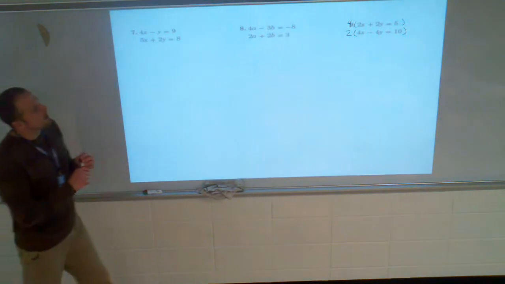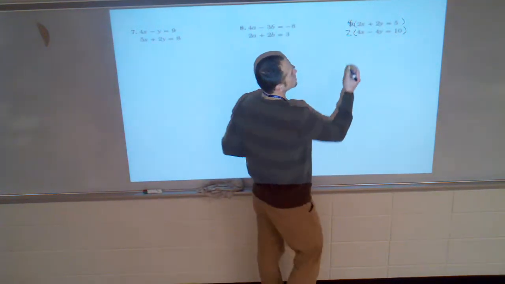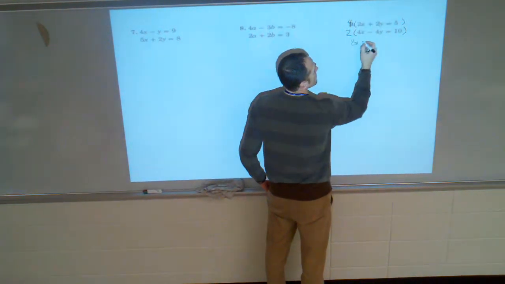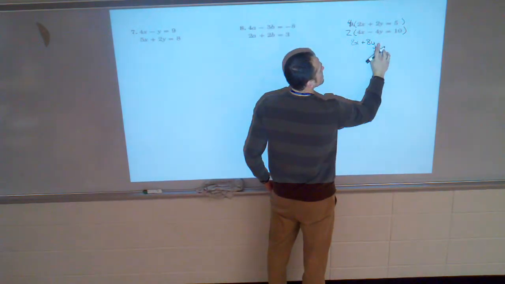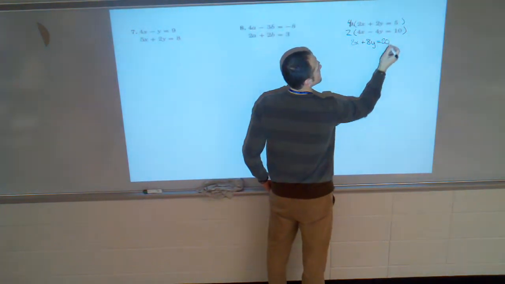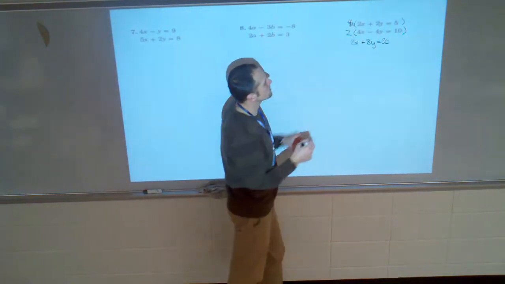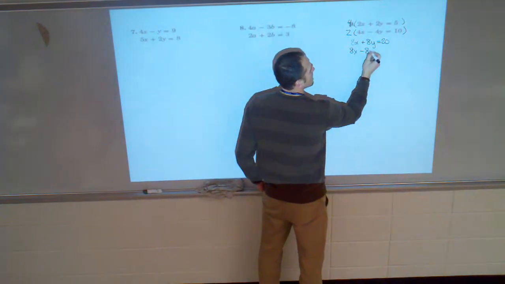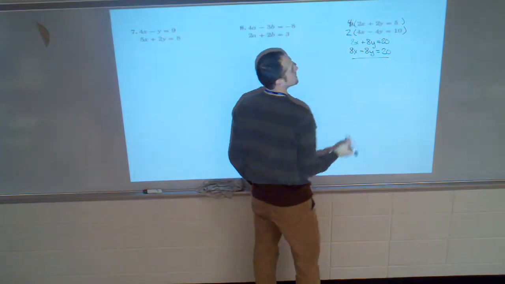Let's work this out. On the top, all right, 4 times 2x is going to be 8x. 4 times 2y is 8y equals 20. On the bottom, 2 times 4 is 8x minus 8y equals 20.